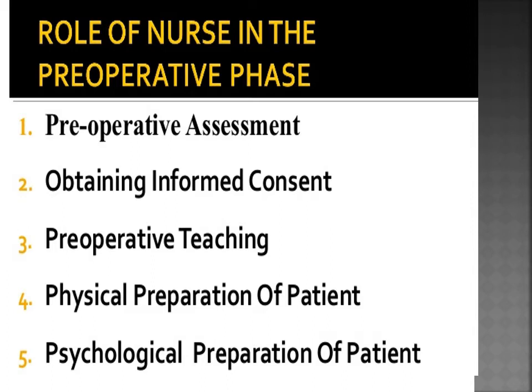So in case the doctors still prefer going via the groin, then the skin prep has to be done, shaving, and also making sure that, as I told you when I was dealing with the ECG and preparation of the patient, if the patient's chest is very hairy, it's important that we ensure that the chest is being shaved, so that the nurses are able to stick the electrodes properly. So all these are the general preparation.